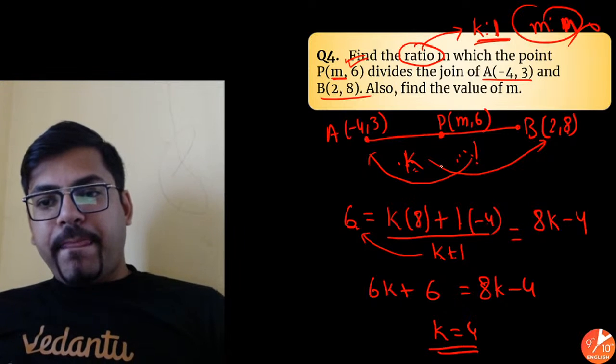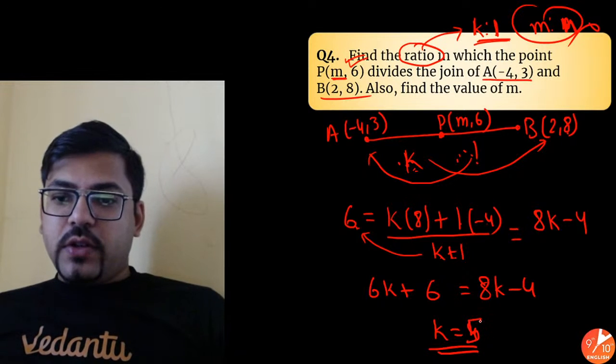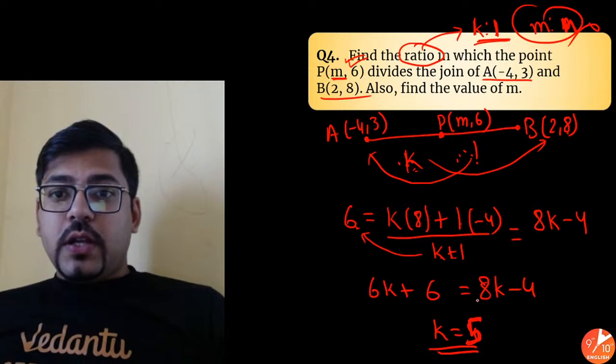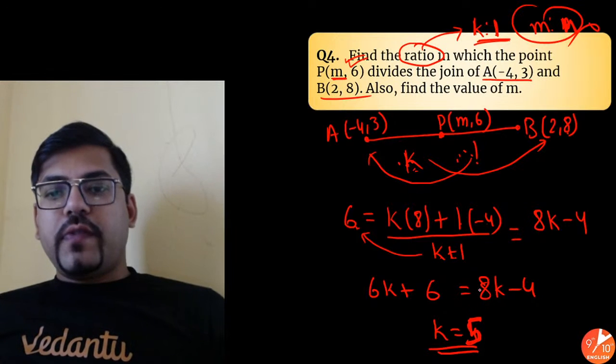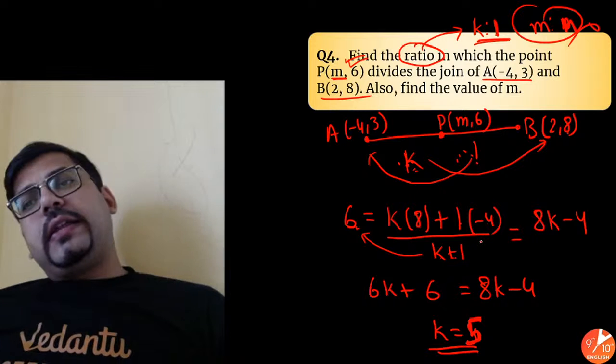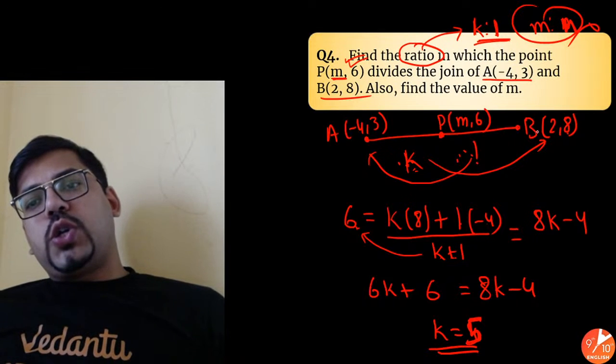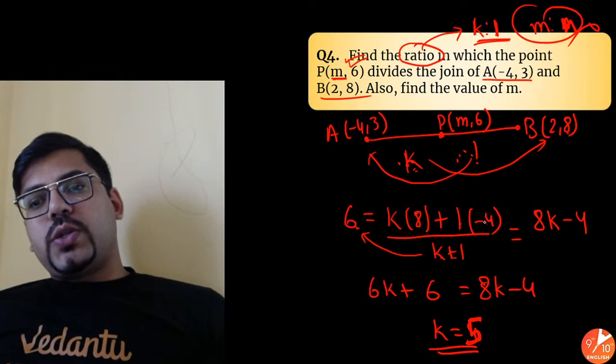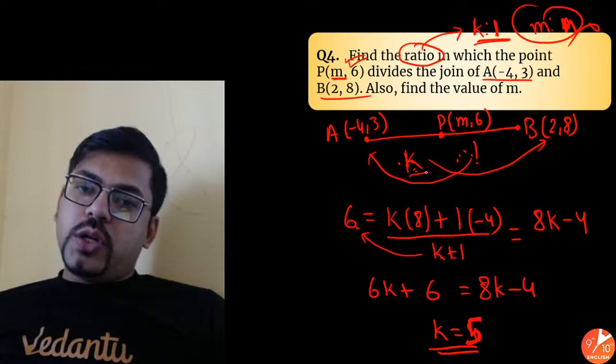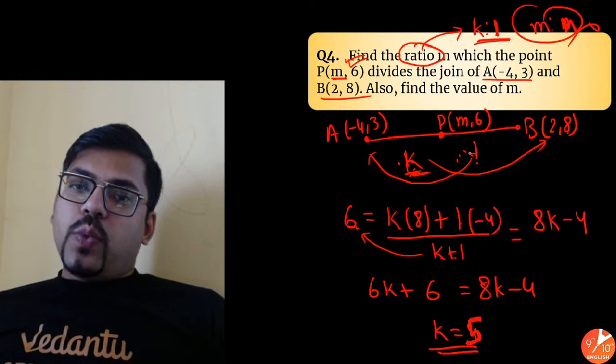Did you? Come on people. Very sorry, I'm very sorry. I hope I have not done anything wrong. Oh wait, okay, sorry. I have taken the wrong value. This is k into 8 and 1 into 3.